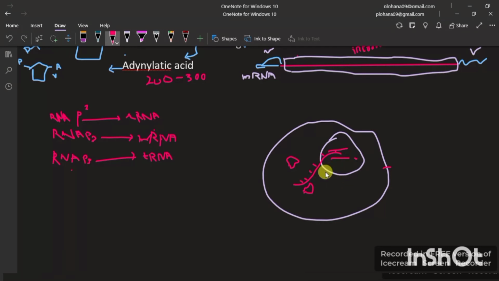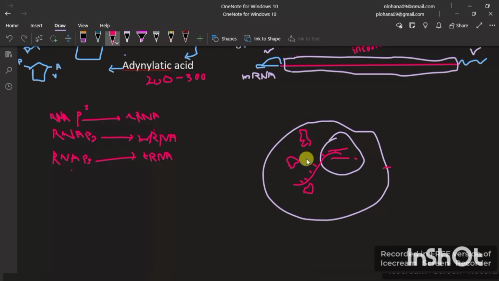And here we have another type of RNA, transporter RNA, which is also made in the cytoplasm. So here translation will happen, in which RNA will give rise to the proteins.